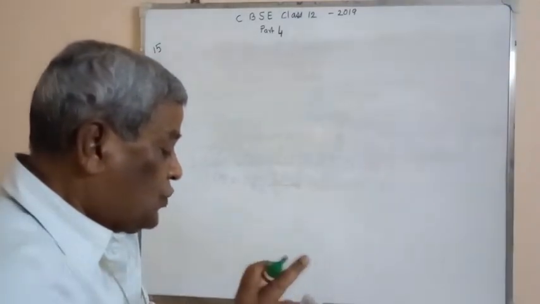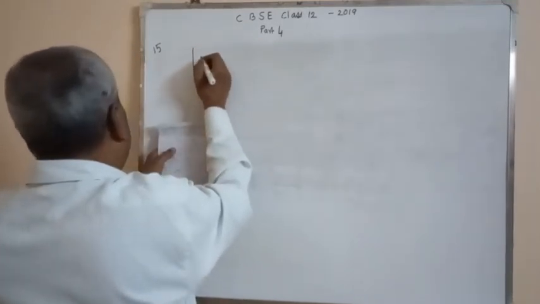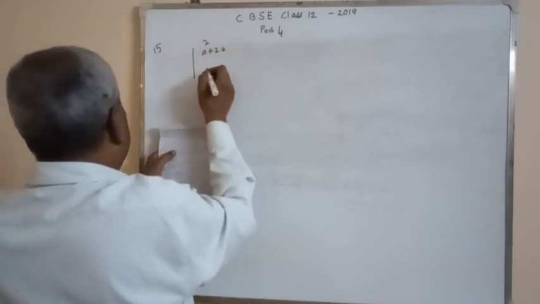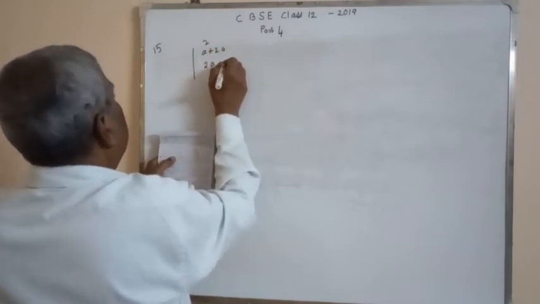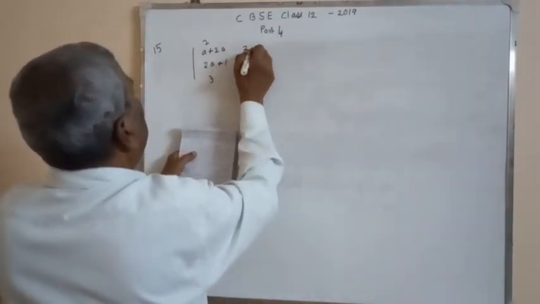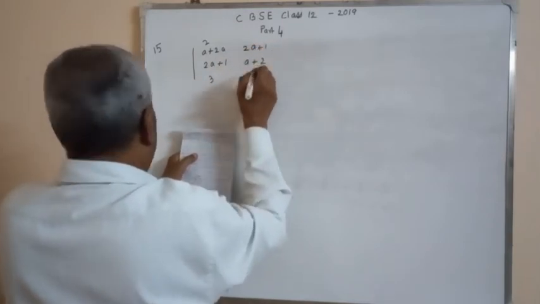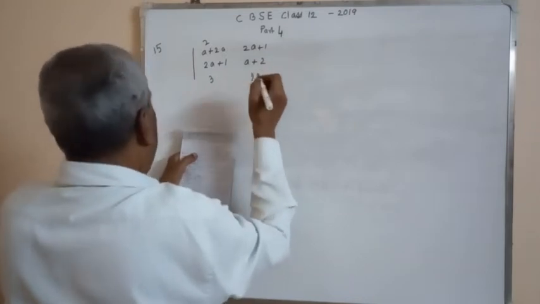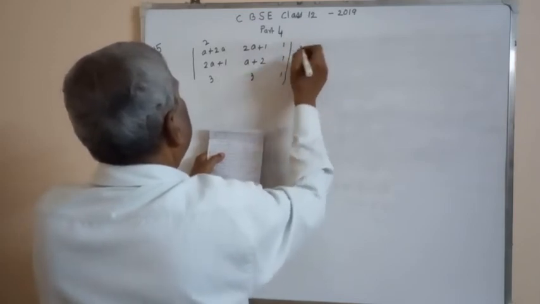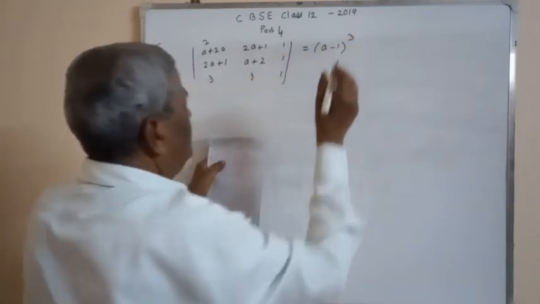Once again, use properties of determinant so that the determinant with first row a square plus 2a, 2a plus 1, 1; second row 2a plus 1, a plus 2, 1; third row 3, 3, 1 is equal to a minus 1 whole cube.